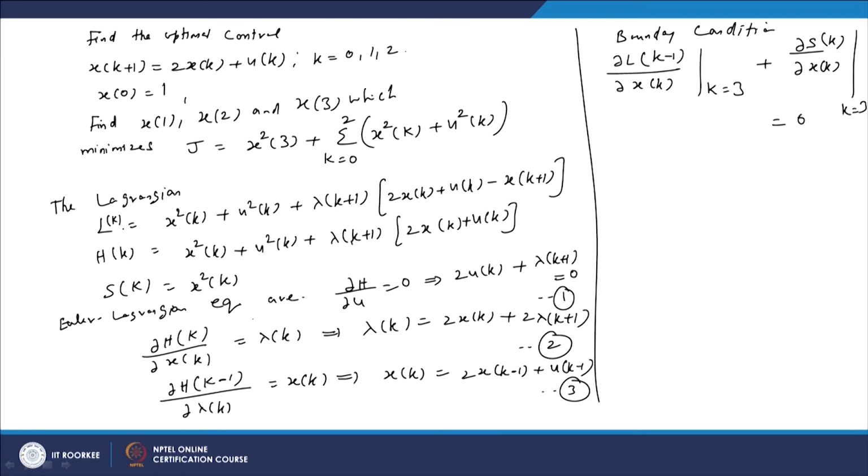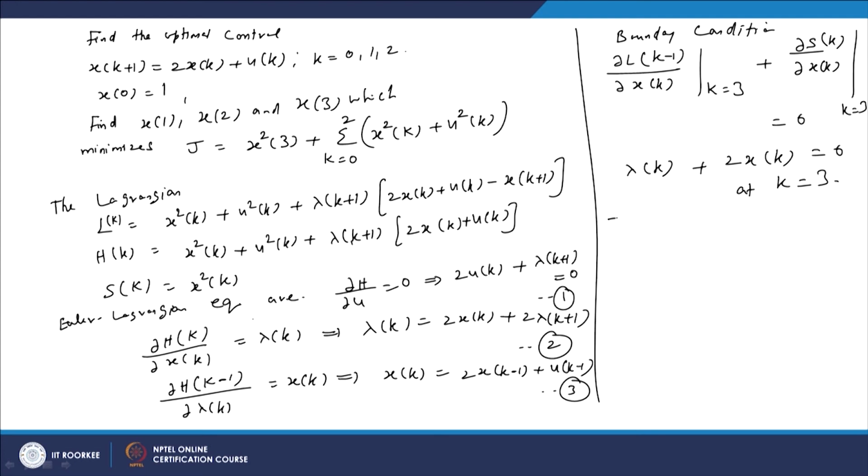So, del L k minus 1 by del x k, that is nothing but lambda k, only this term, and del S by del x k, that is 2 times x of k, equal to 0 at k equal to 3. This is only at k equal to 3.